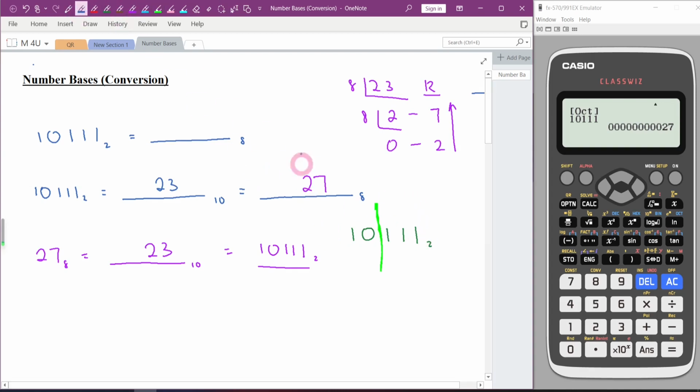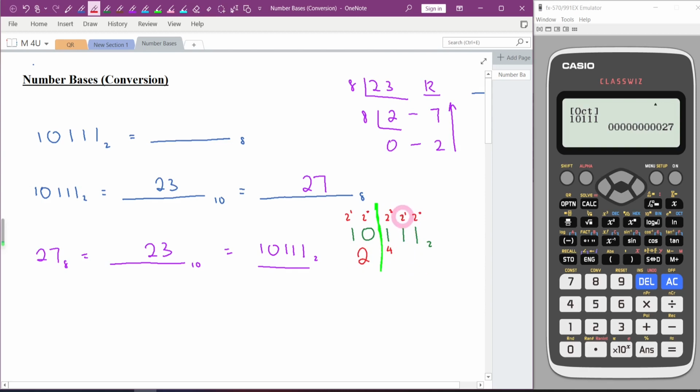Okay, let me use another color. 2 power 0, 2 power 1, 2 power 2. Start again, 2 power 0, 2 power 1. 1 times 2 power 1 is 2, right? 2 plus 0, you get 2. 1 times 2 power 2, here you get 4, right?